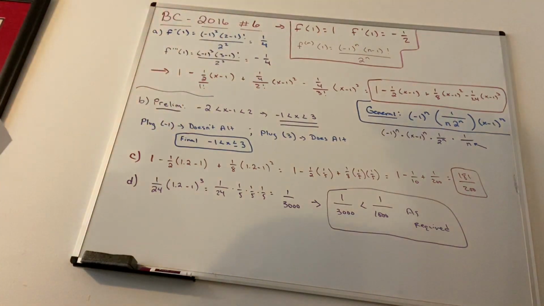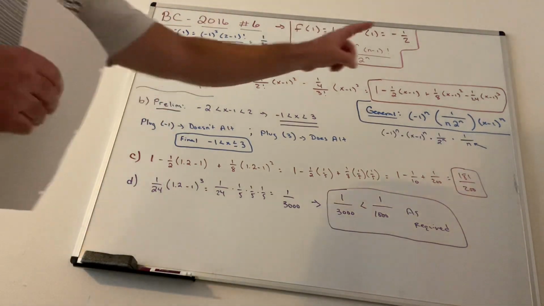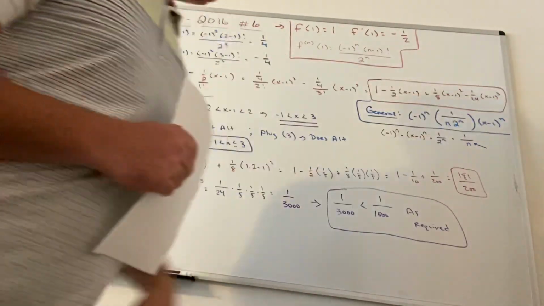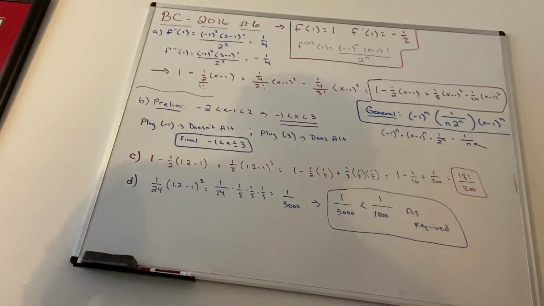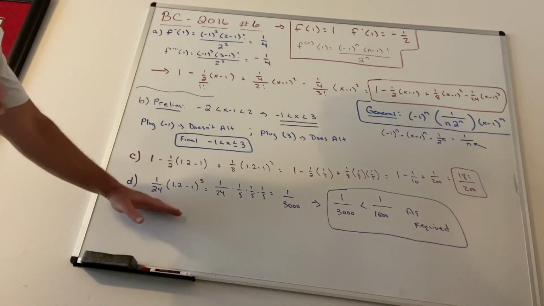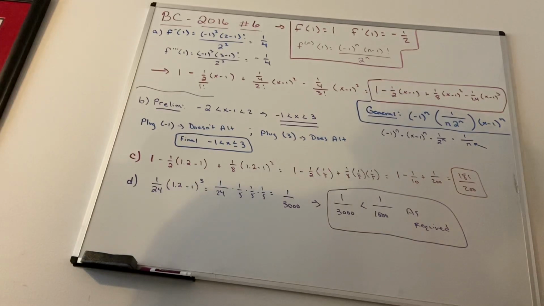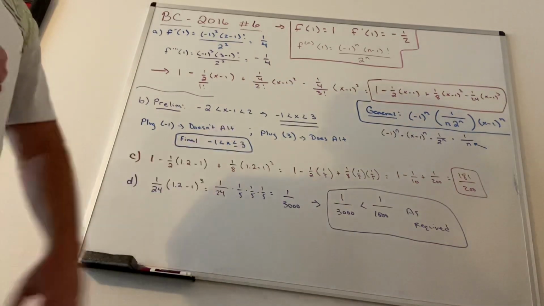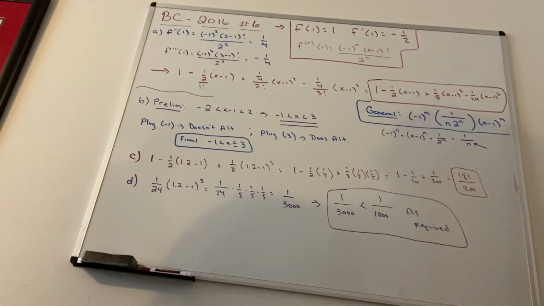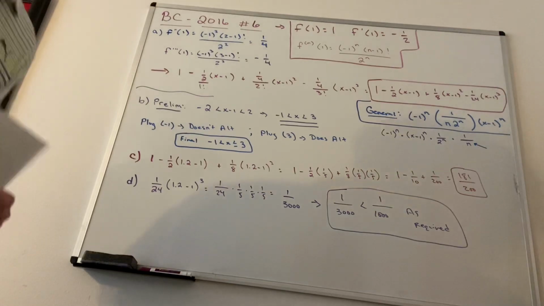So the first term left off was the cubed term, that one right there. Again, it's just the absolute value of that, so I don't care about the negative sign. There's me plugging in, and I'm getting out 1/3000. If you think about it, 0.001 is 1/1000, and 1/3000 is certainly less than 1/1000. So there's your proof. All right.